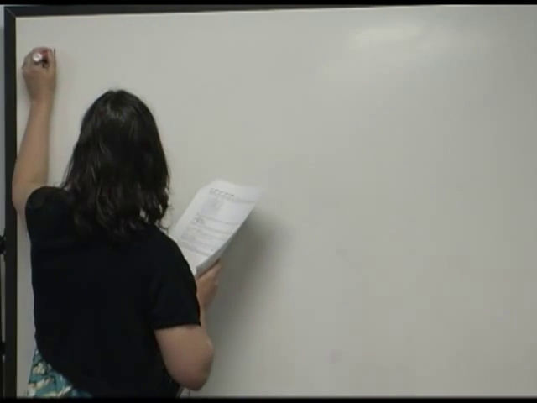So when we talk about variation, we have general equations of variation. And we have 3 types.